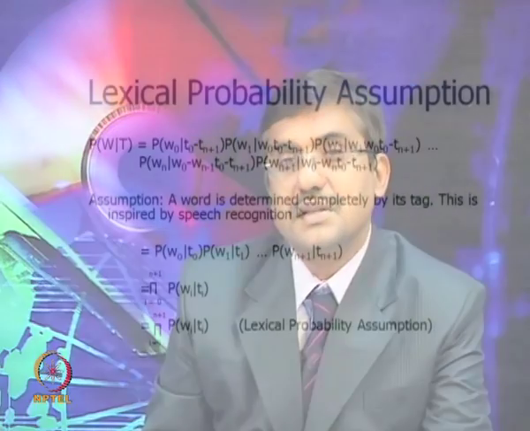Dog, umbrella, cow, all these are nouns which are lexical items. What is the probability they can appear at that last word position, given that the tag there is a noun? These kinds of word prediction problems are quite common in the area of speech recognition, and the lexical probability assumption is inspired by that.